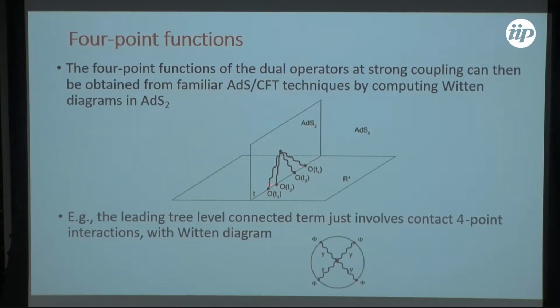We have some boundary insertions. They are dual to some fields propagating on this AdS2 worldsheet, and they interact at some point, and we compute the corresponding Witten diagram. In Witten diagram notation, this would be just a contact interaction of this type. There are no exchanges just because of the structure of the Nambu-Goto action. There are no cubic vertices for this kind of fluctuations that I'm considering, which just follows from symmetry.